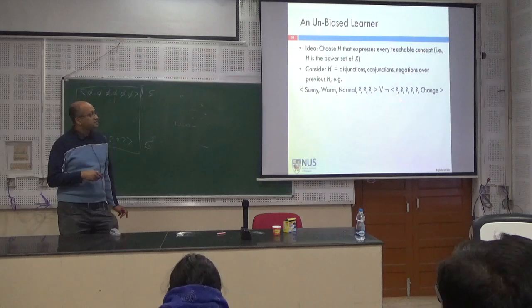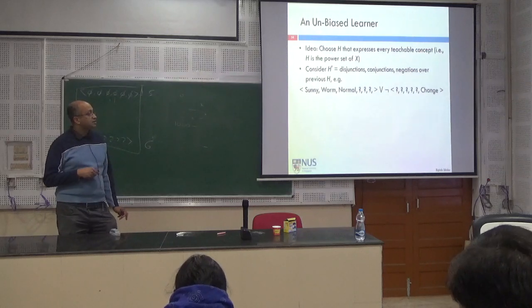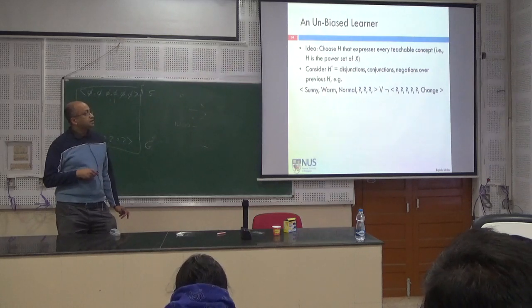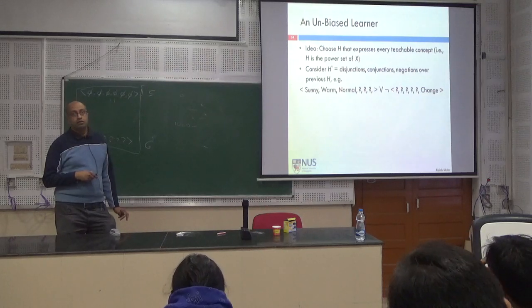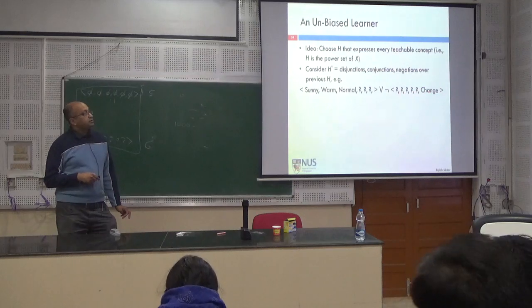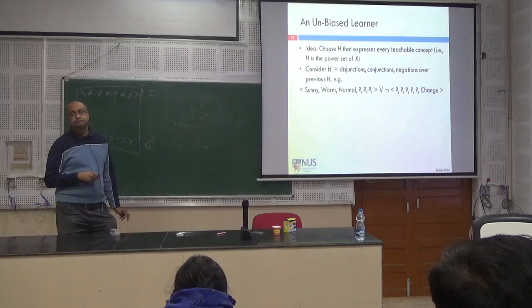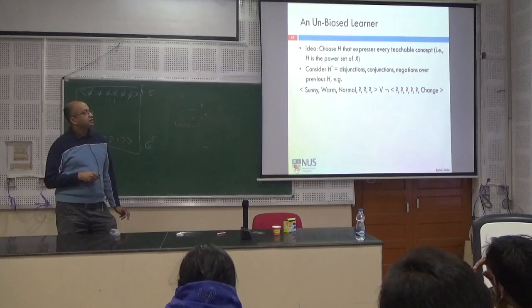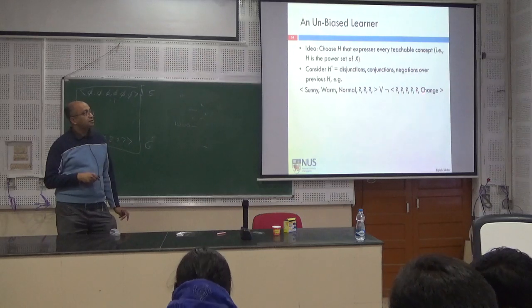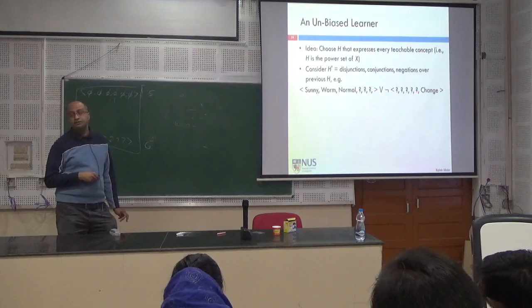So now your hypothesis space may look something like this. You want it to be sunny, warm, and normal, I don't care about the rest. Or, I don't care about the rest, but there should not be a change. I don't care what the weather is like or what the rest of the parameters are, but the weather should not change.